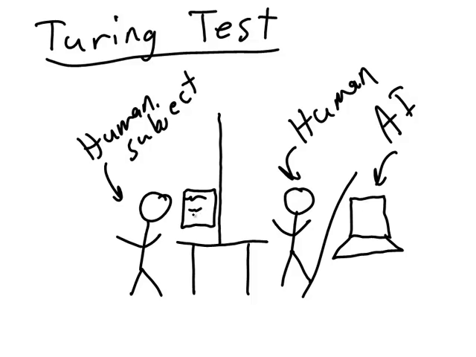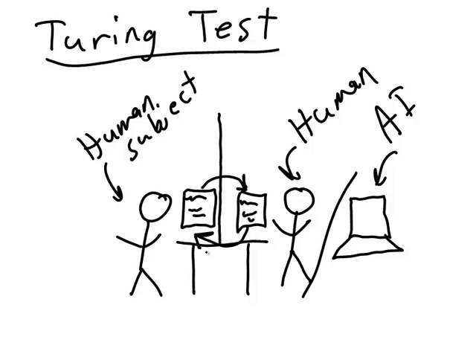The human subject would be allowed to write questions on a piece of paper and send those questions across to the other side. The agent on the other side, whether it's a human agent or an artificially intelligent agent, would be able to write an answer on the piece of paper and send it back.